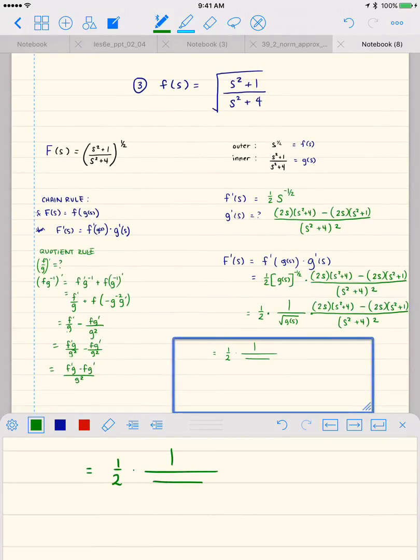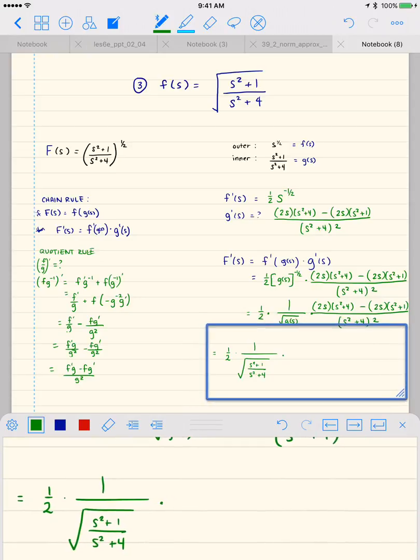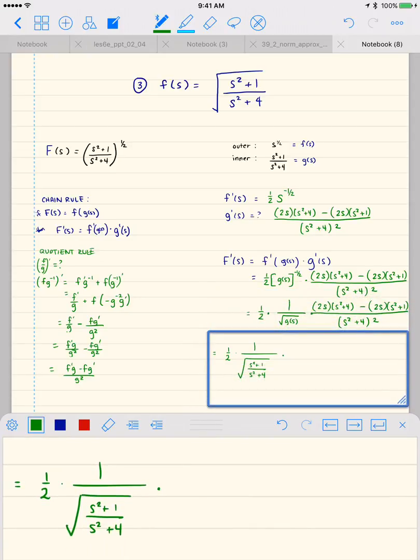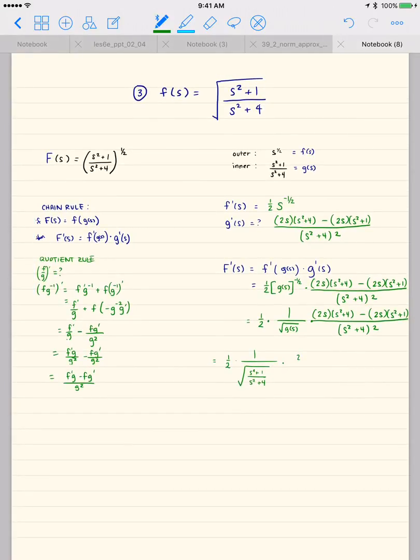So we need the square root of s squared plus 1 over s squared plus 4, times, and then we've got this business right here, which I just pasted. There we go. Okay, and so we can simplify this a little bit.